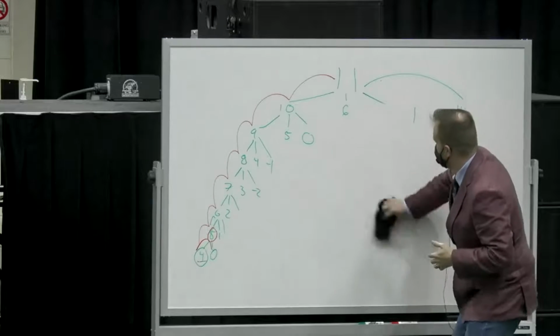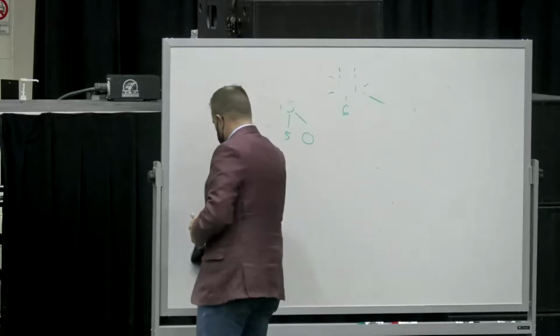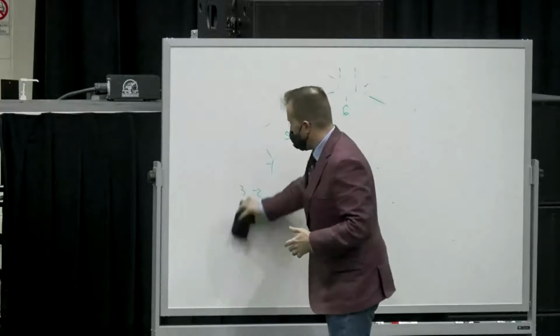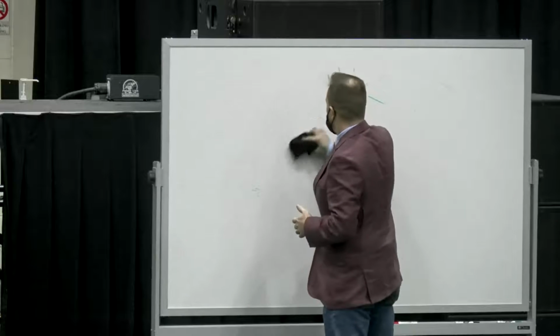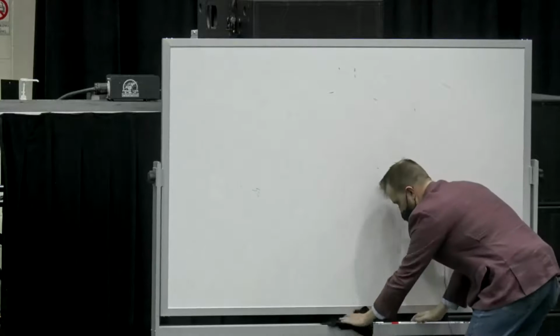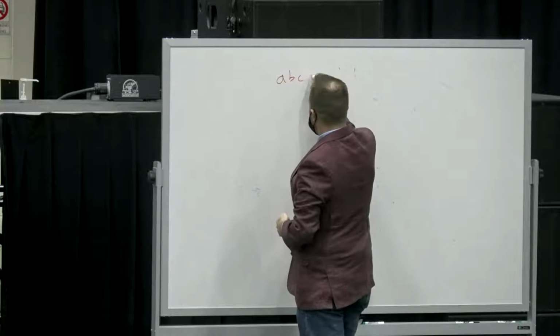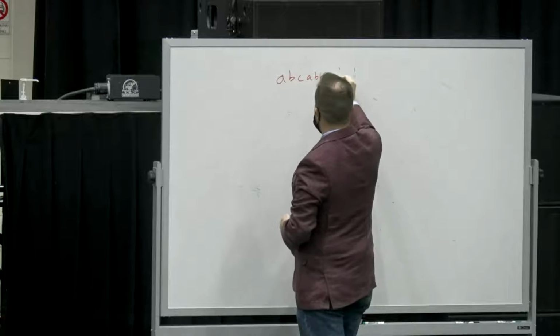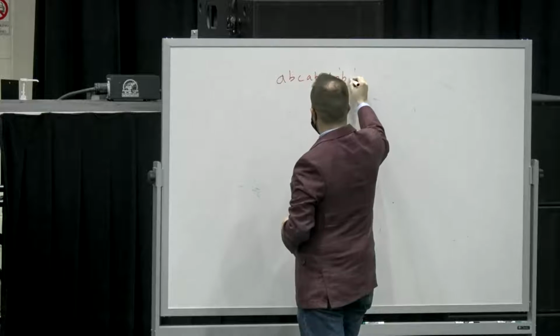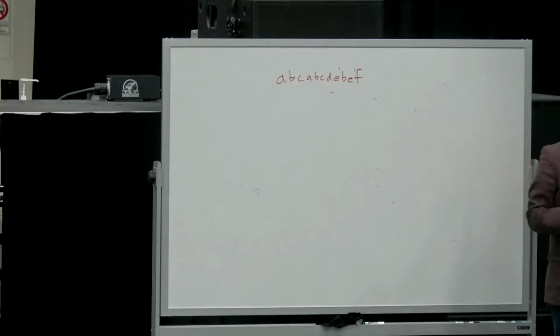So what's going to happen is we're going to have a set of characters, so if we had an example, A, B, C, D, E, B, E, and F. Here's what we're going to do.